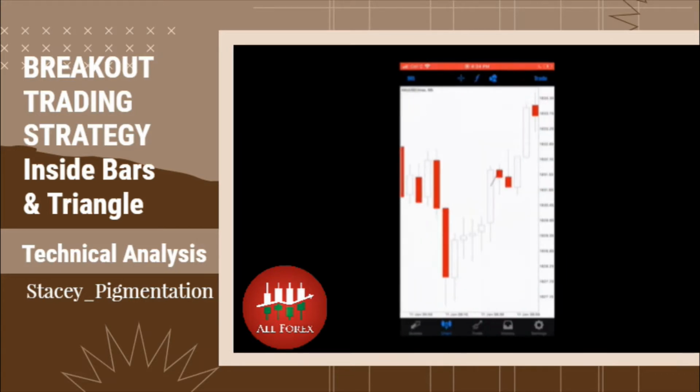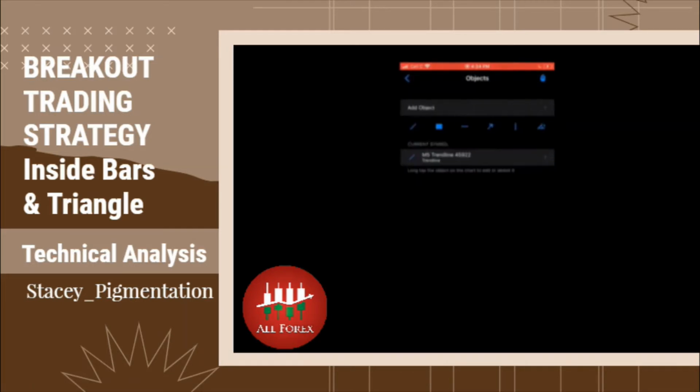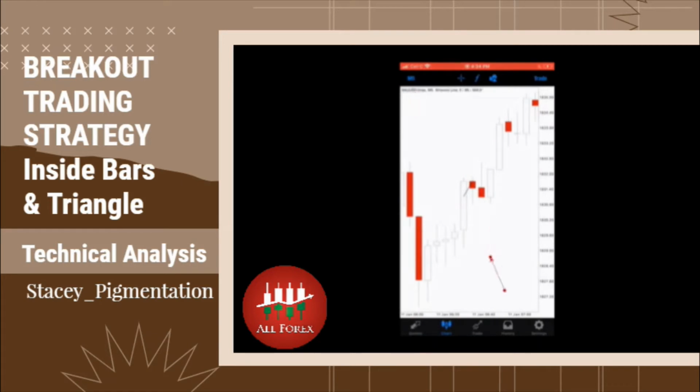Remember I said the first candlestick, which is the dominant candlestick, a mother bar, which is, let me use arrows, this candlestick right here, is the one that we use to place our breakout level. So this was my first bullish inside bar pattern.